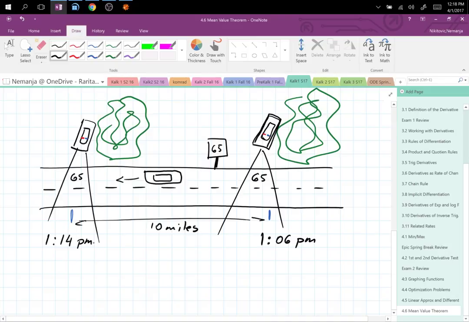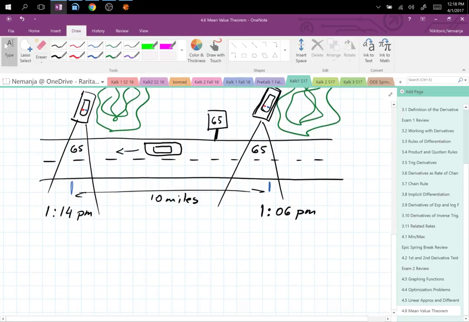Right? So now you're looking at this. You got the ticket in the mail and you're just figuring out what the hell happened, right? So you're analyzing this. You know that the speed is distance divided by time, and you say, all right, my distance was 10 miles in between these two traps, and I had a difference of 8 minutes, so 8 over 60, to put that into miles per hour.